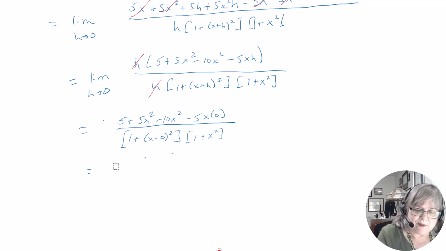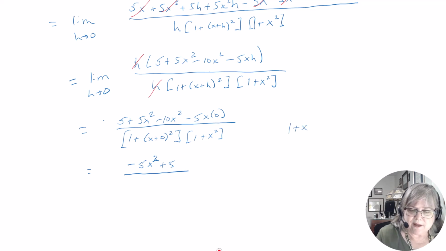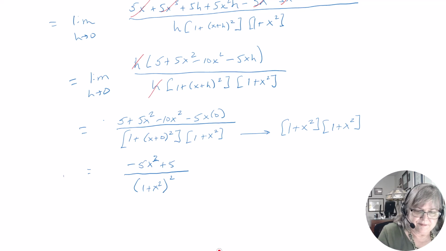Would you be all right if we went, okay, 5x squared minus 10x squared is minus 5x squared plus 5? You okay with that? Okay. And then down here on the bottom, this is actually 1 plus x squared times 1 plus x squared, right? This part. So this is 1 plus x squared squared. And that's the derivative.